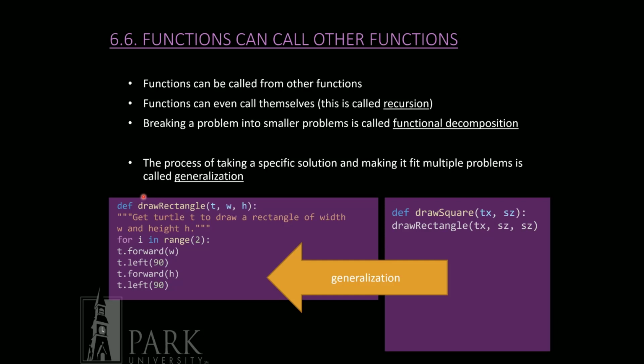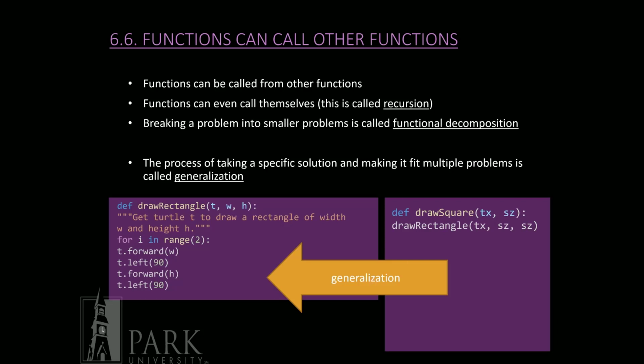So we can have a draw rectangle function, but then we can also call a draw square function that simply invokes draw rectangle, passing in the value of the side for both the width and the height. And this is an important skill to be able to recognize when you can have a function that can be generalized so it can cover more applications than maybe the specific one that you are trying to implement.